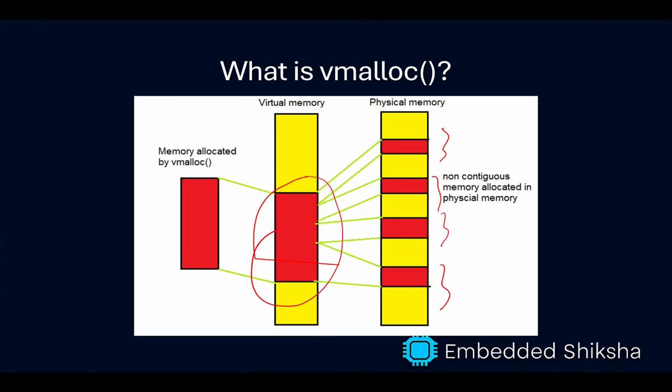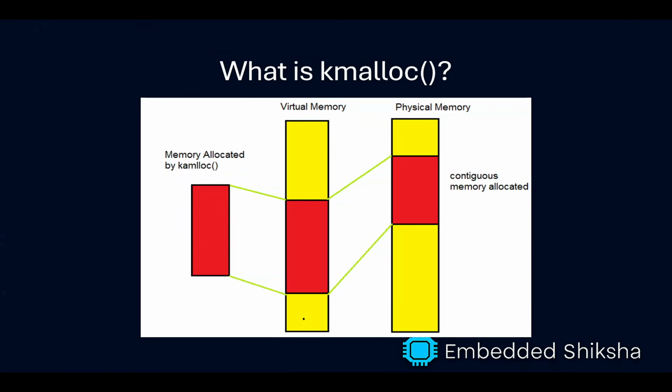Now, which is better in terms of performance? In terms of performance, Kmalloc will always be better. The reason is, if you go to this diagram, whenever some request comes to access this memory, which you have allocated using Kmalloc and which is physically contiguous as well, for the very first access you will do the virtual to physical translation.